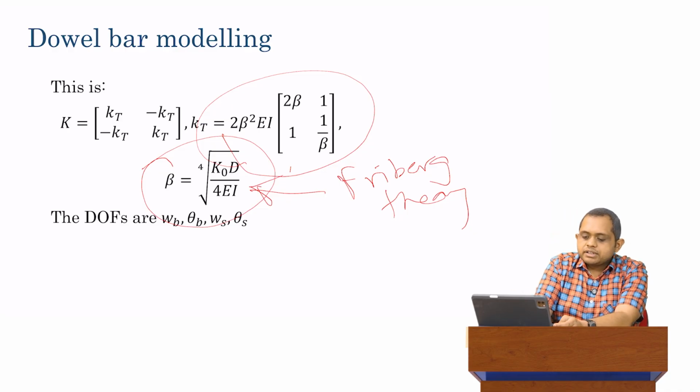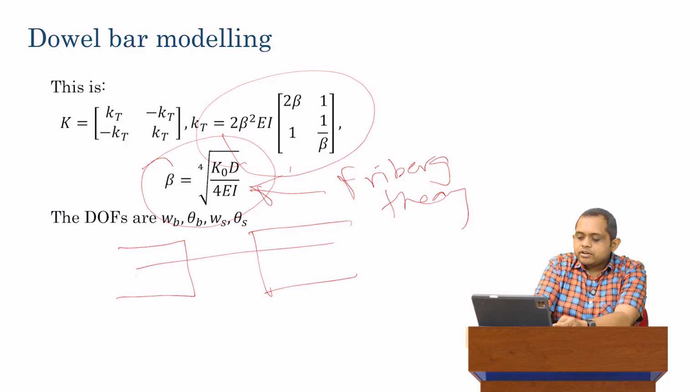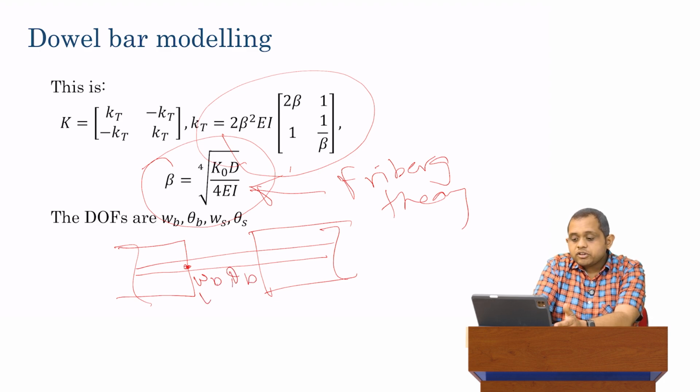So what we have here then, if I just redraw the figure, of course it's very exaggerated, but if we model this as a Timoshenko beam, at each node we have the displacement of the bar and the rotation of the bar, but separately we have the displacement of the concrete and the rotation of the concrete.